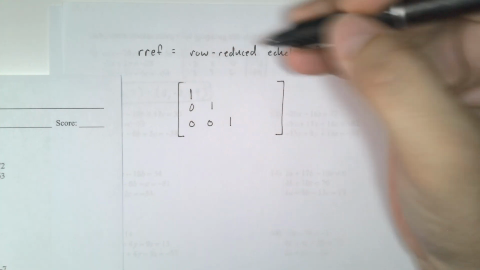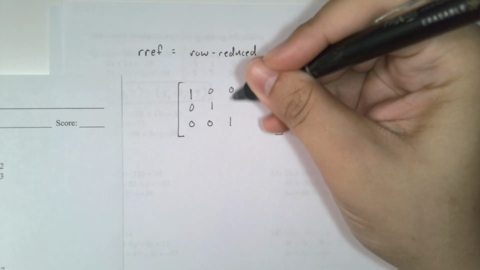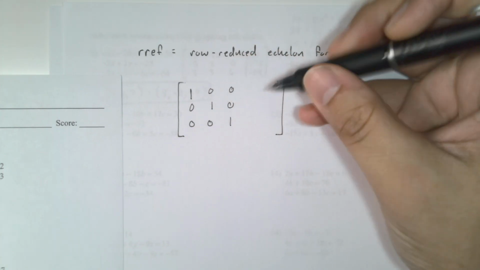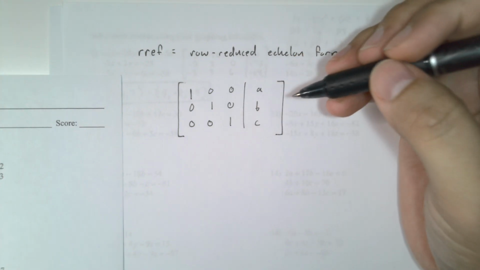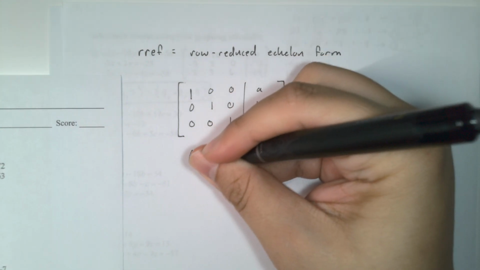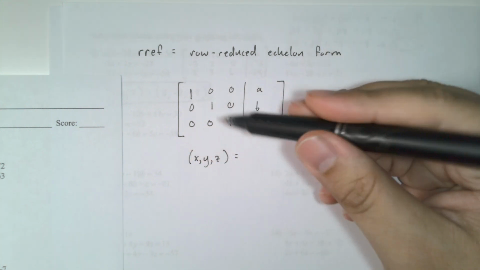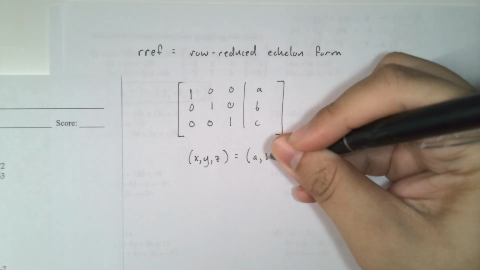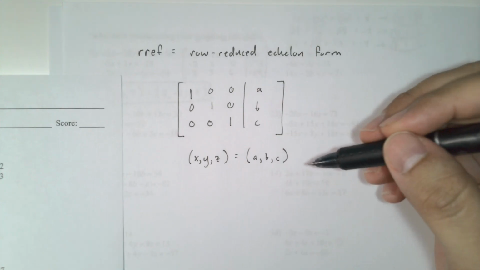We have zeros, and the row reduced part is just ensuring that we have like this diagonal of ones, the rest of these are zeros, and that we have numbers here. And so that's going to be our solution. It looks like this. This is really just telling us x, comma y, comma z is equal to whatever these three numbers are, a, b, and c.